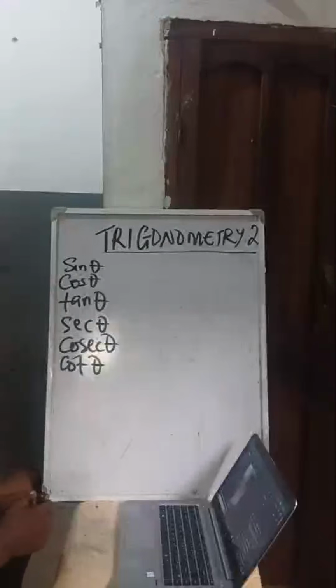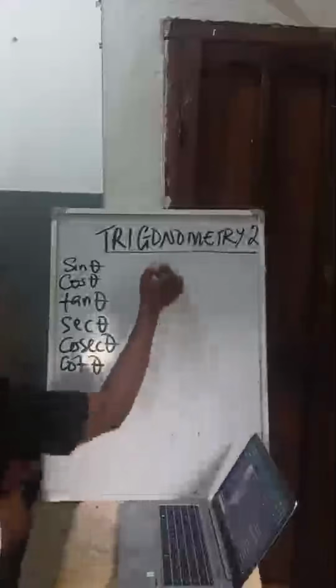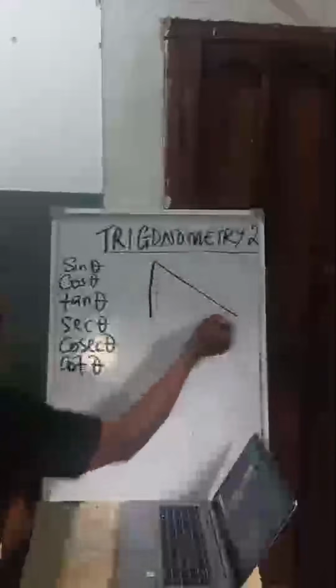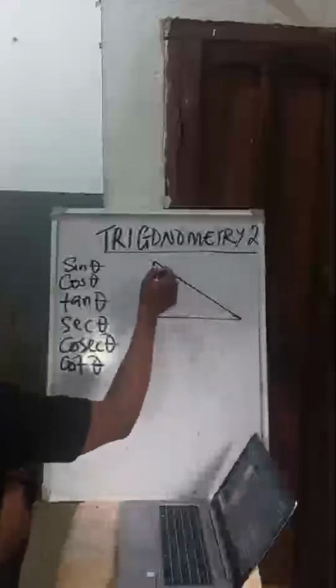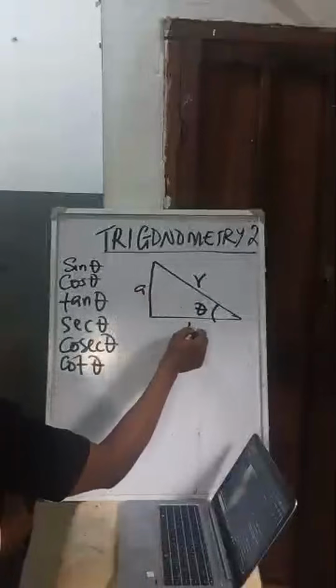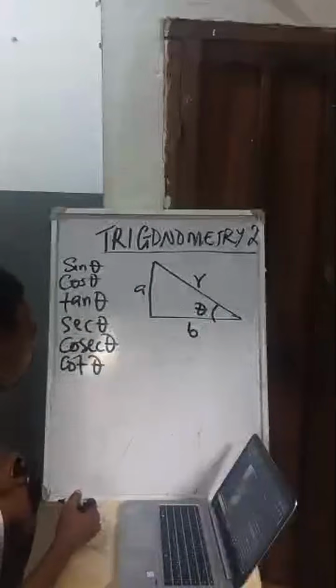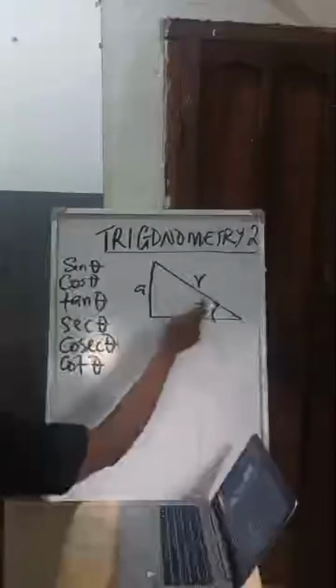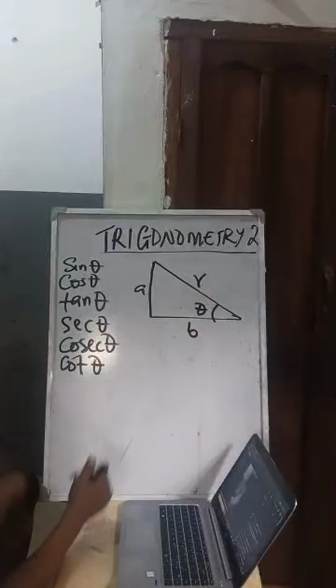So when you have all of this, what comes to your mind is a triangle this way. Here is theta, here is radius, here is A, and here is B. This side is opposite, hypotenuse and adjacent.